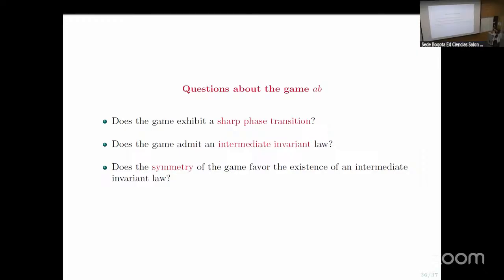Our real point was actually something very different. We started trying to find an interacting particle system with an intermediate invariant law. This was how we started. And then we ended up with this cellular automaton, right? And at the very end, we realized that this cellular automaton has an interpretation as a game.